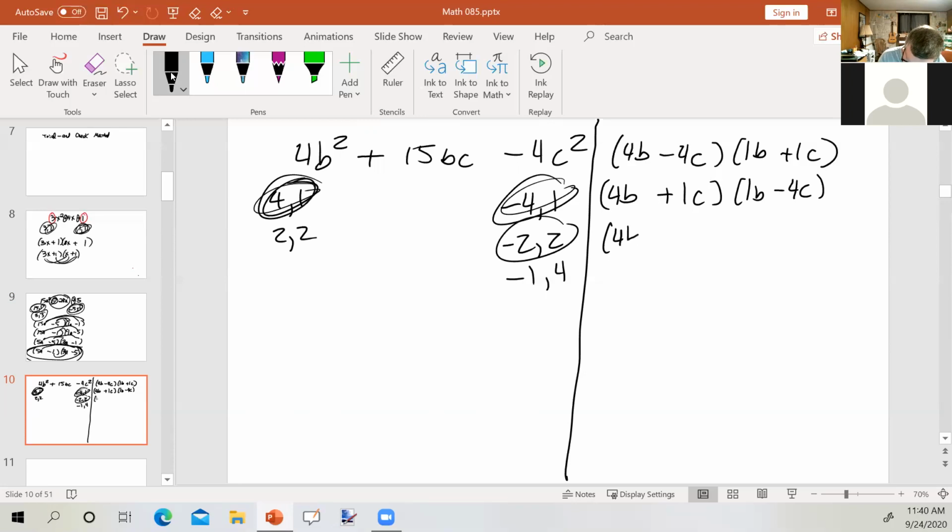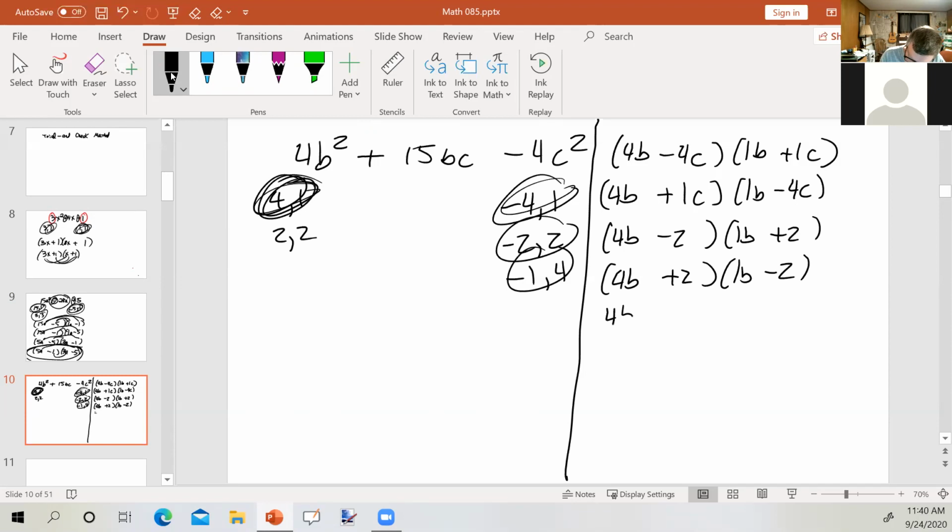So I've got 4b and 1b, -2 and +2, 4b and 1b, plus 2 and minus 2. All right, now I've got the combinations of those with those, which is 4b, 1b, minus 1 plus 4, 4b, 1b, plus 4 minus 1.